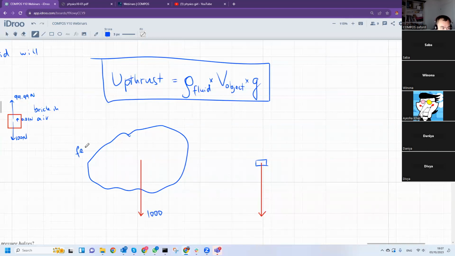So this is feathers, and this is lead. So it's 10,000 newtons of weight, and this is 10,000 newtons of weight.